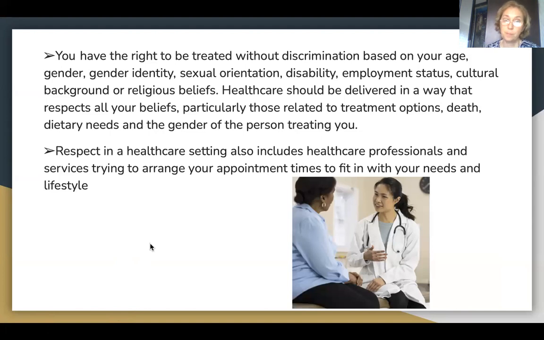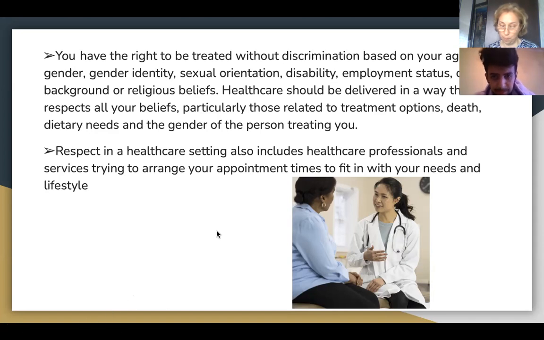You have the right to be treated without discrimination based on your age, gender identity, sexual orientation, disability, employment status, culture, background, or religious beliefs. Healthcare should be delivered in a way that respects all your beliefs, particularly those related to treatment options, dietary needs, and the gender of the person treating you.